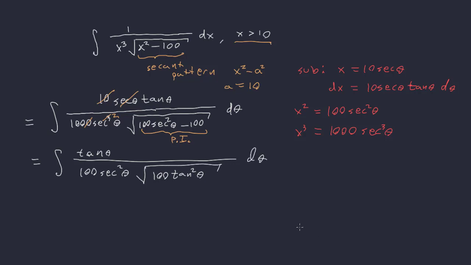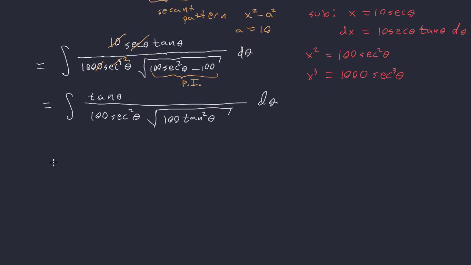All right, now, this simplifies. 100 tangent squared theta underneath a square root is going to be, let me rewrite some of this stuff. We still have the 100 secant squared in the denominator. This is going to end up being 10 tangent theta d theta.